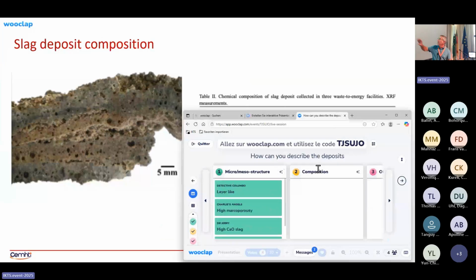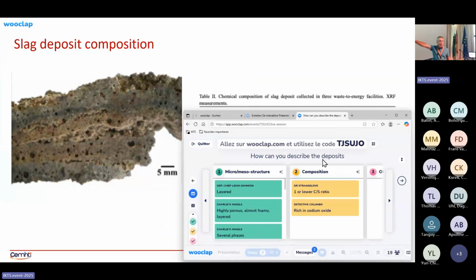But we are not sure because we have not yet the complete composition. We can see effectively some parts. But don't forget that this deposit comes from the burnt waste. Multi-layer, yes, right. You can see multi-layers. That means that the deposit created different layers with time.